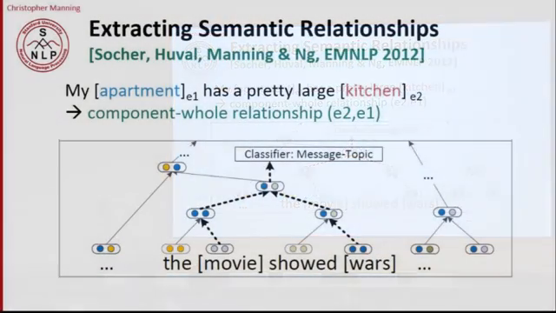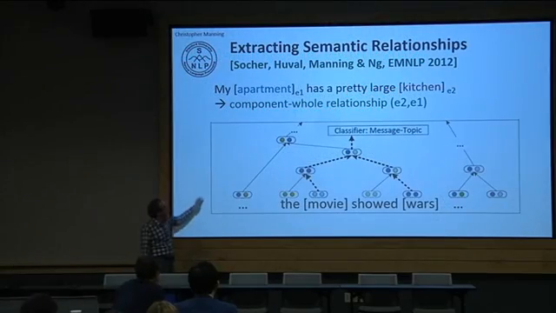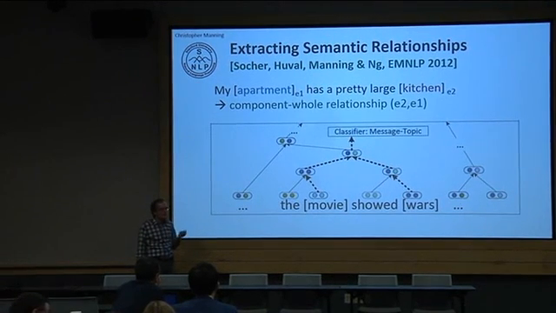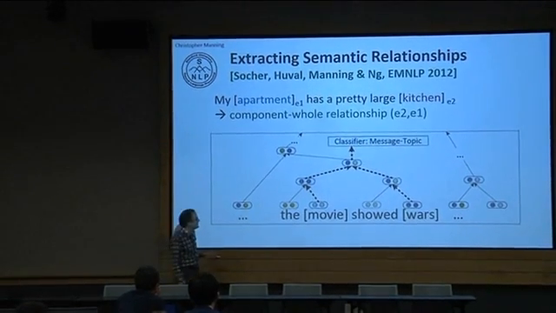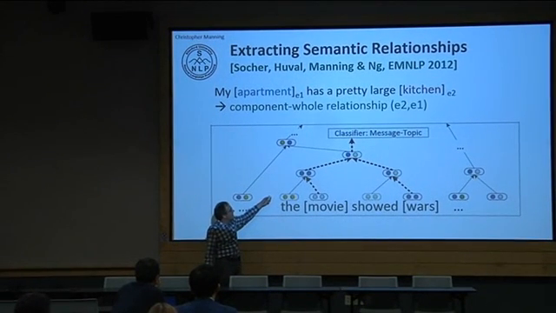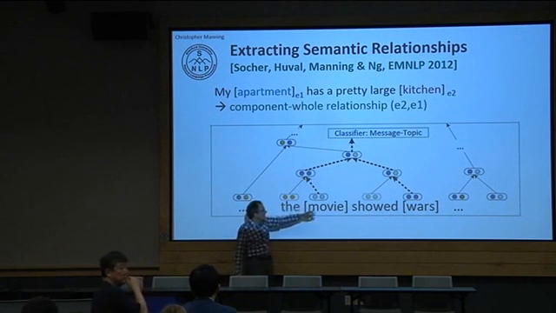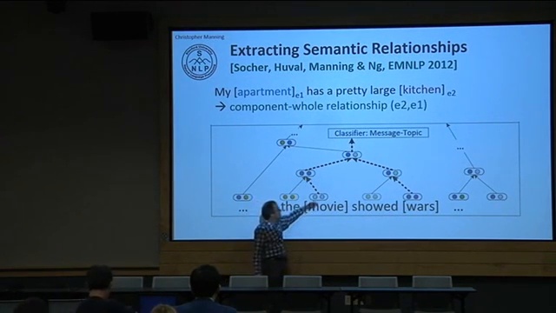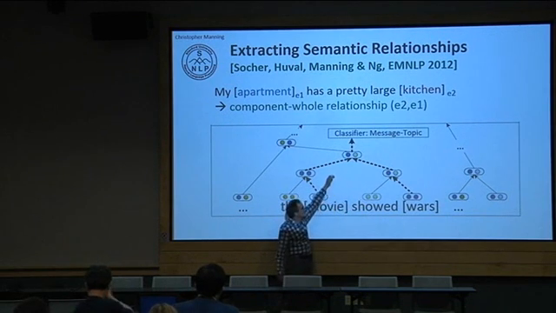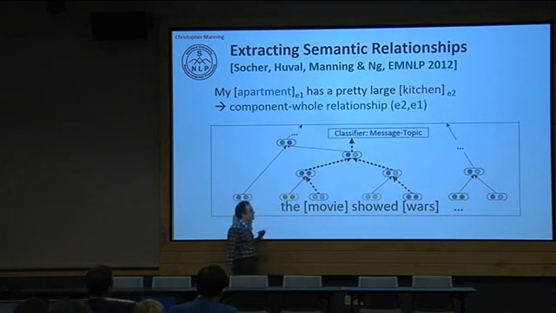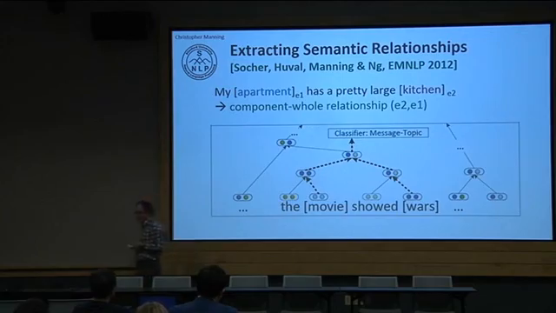And when you want to do deeper semantic tasks, another task that we've worked on is relation extraction, where you're taking pieces of text and getting out of them particular logical relations. Here we have a relation of a message being about a particular topic. Precisely how we want to do this is to exploit the compositional structure of the sentence meaning in our neural network to get out these relations.